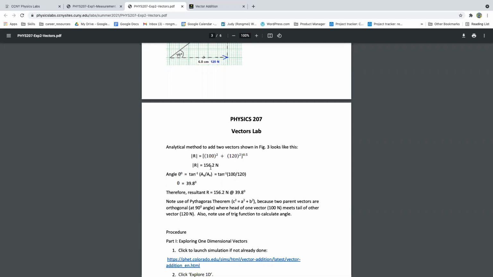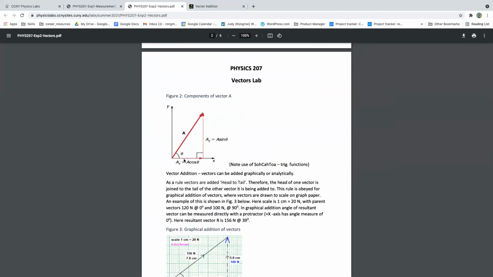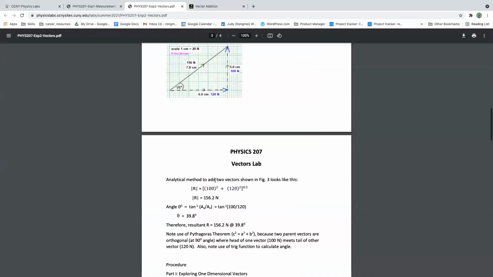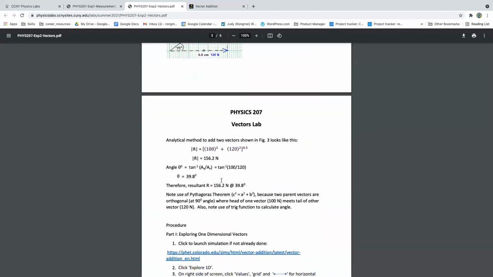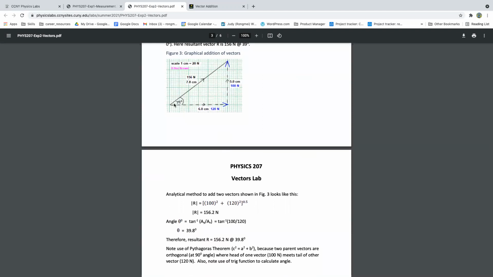When you calculate the angle, you use tangent, which is y over x. So this is tangent theta, and then you can look it up online to figure out the angle.